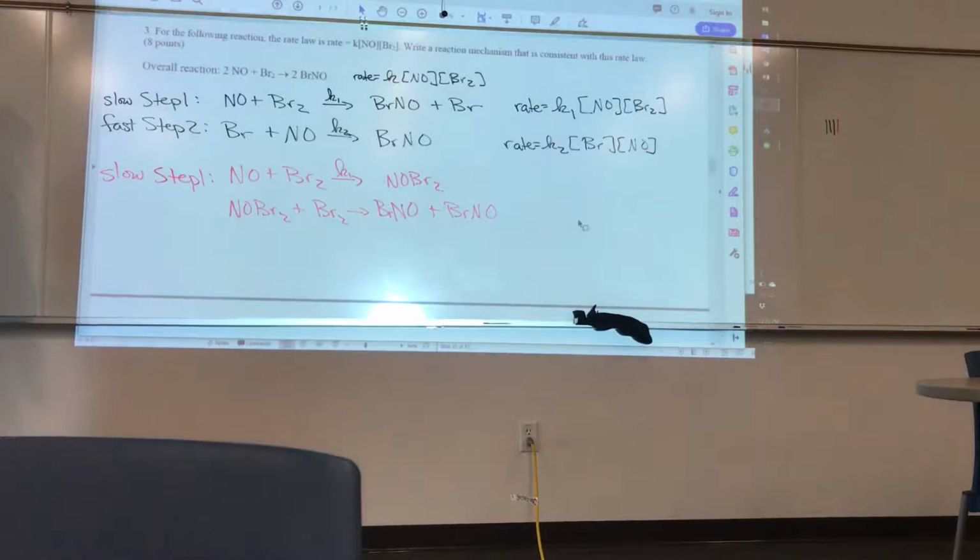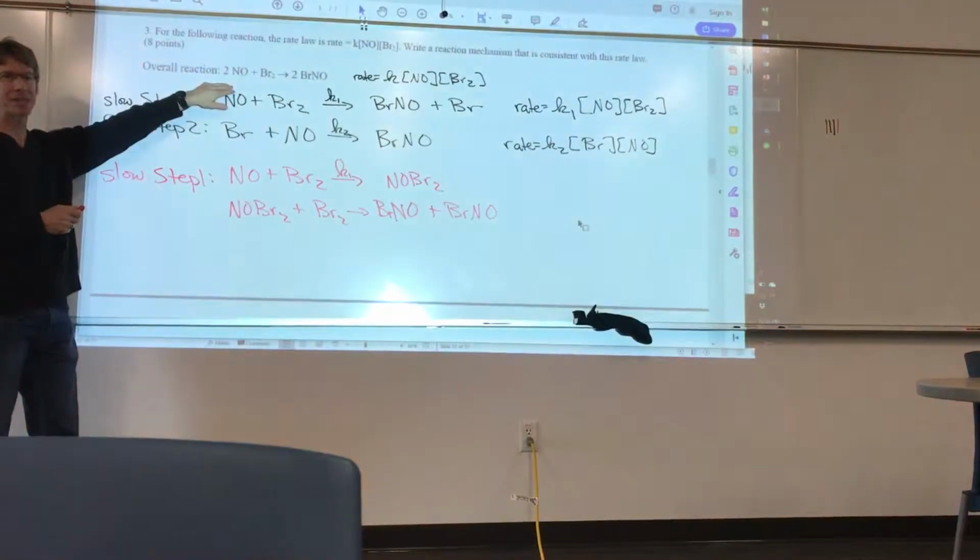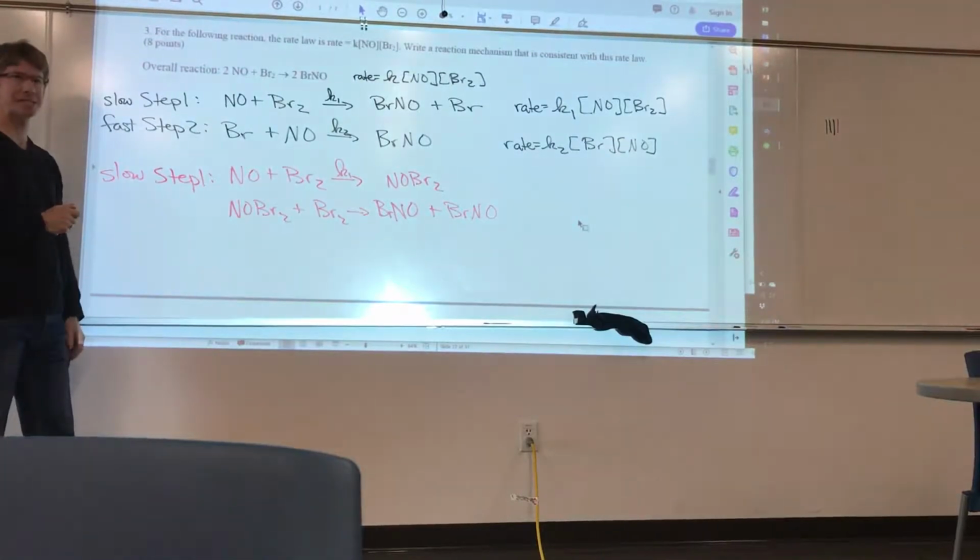When can we know that step 2 is going to be slow and step 1 fast? How do you know that step 2 is the slow step? I will tell you there are strong hints. If the product shows up in the rate law, that's a strong hint that it's a slow second step.